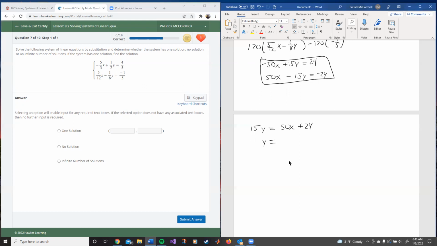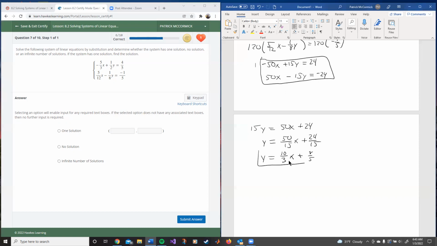So y equals 50 over 15 x plus 24 over 15. Let's simplify this down. 50 over 15 is 10/3. And then 24 over 15 is 8/5.